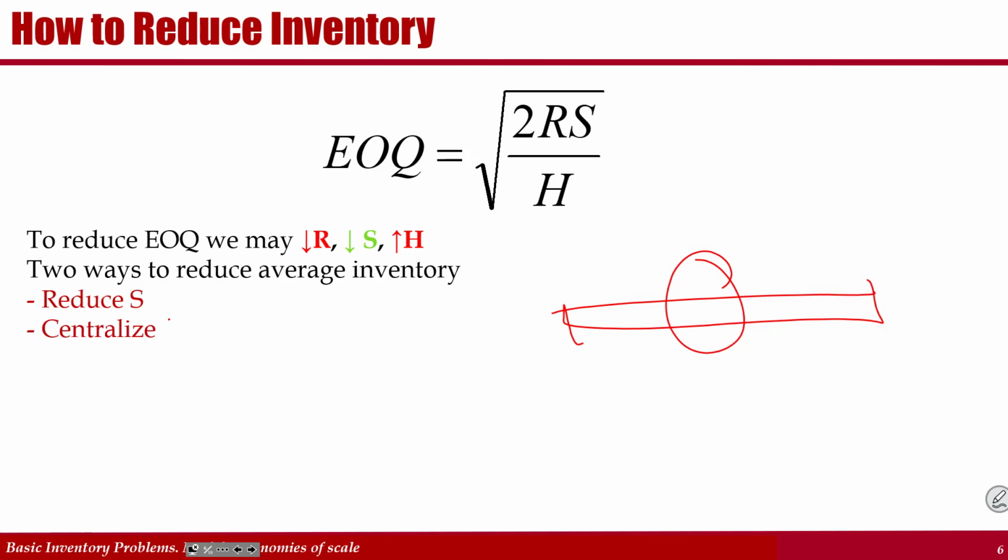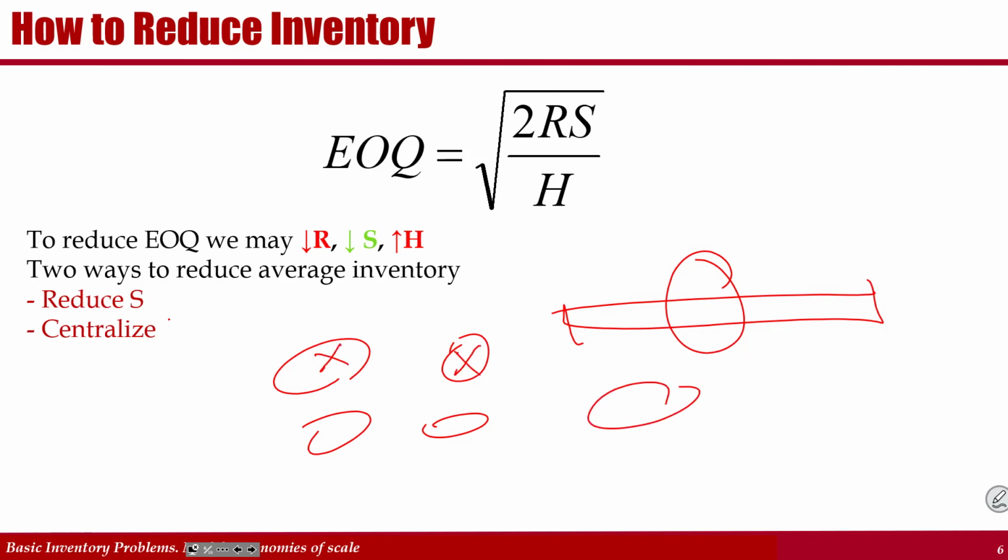The other one is spatial centralization. We have 4 warehouses. We may create a central warehouse, and then the standard deviations of these will not be added together. Their variances will be added together, and then that summation will go under a square root.